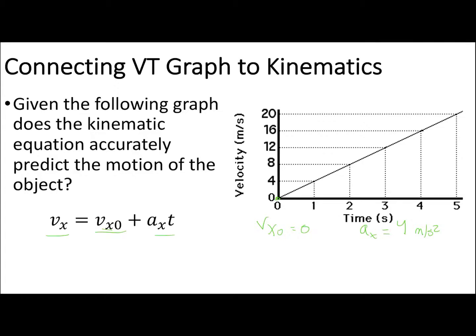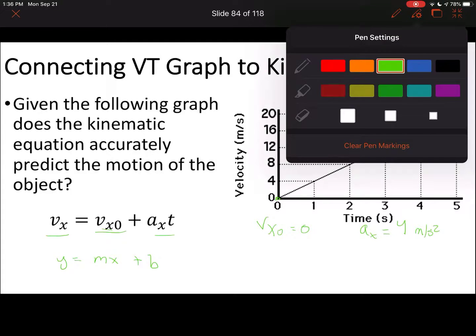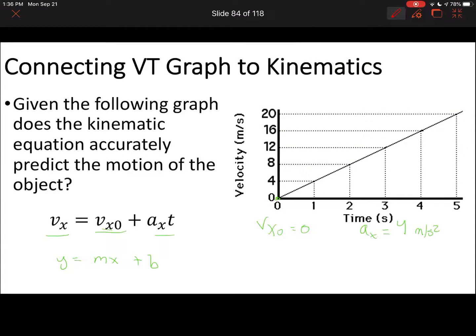Think about it in terms of y equals mx plus b. Does this make sense here? I'm making an equation for v, a function of time. I can plug in different t's and it will shoot out different v's.